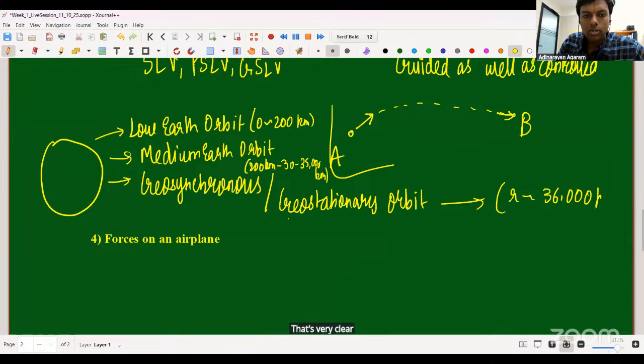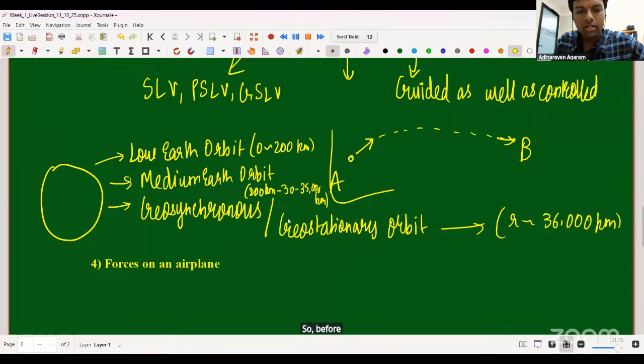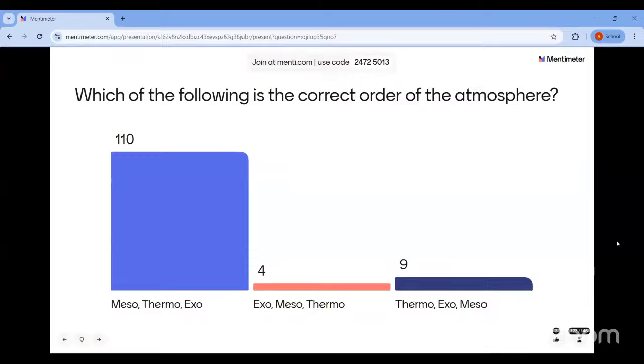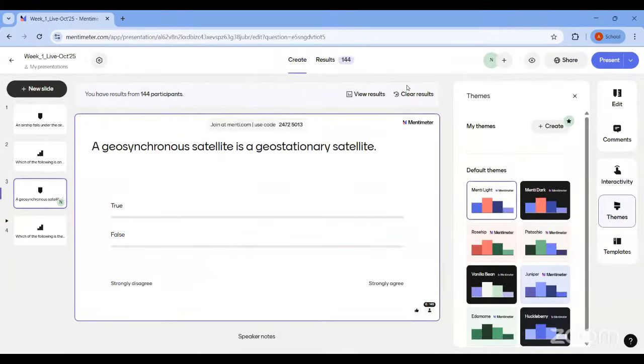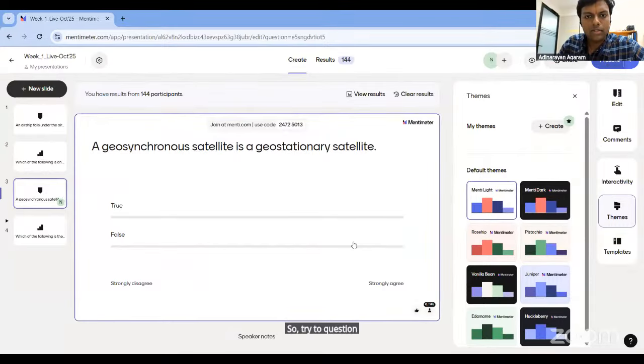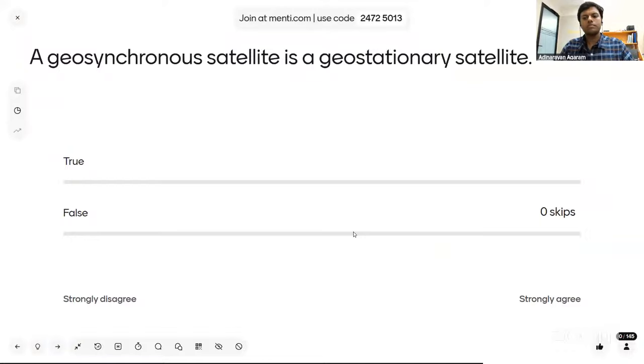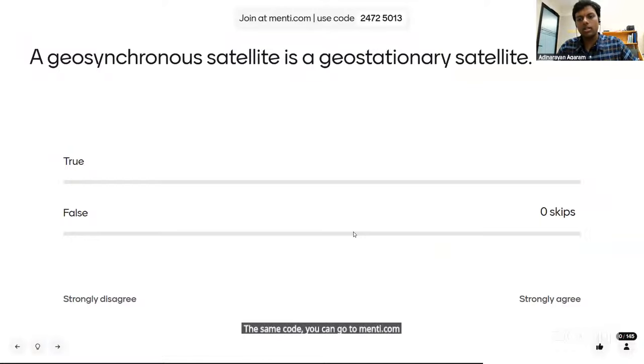So before moving on to the difference between these two, I'd like you guys to try out this question. The same code, you can go to menti.com and try it out.